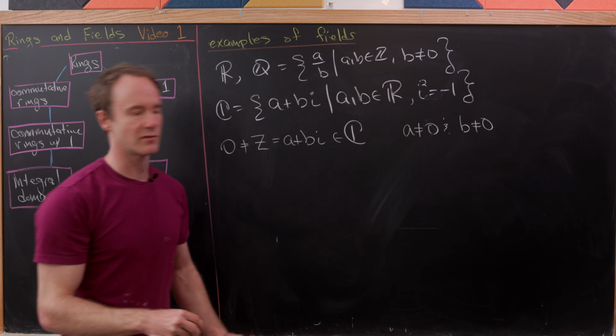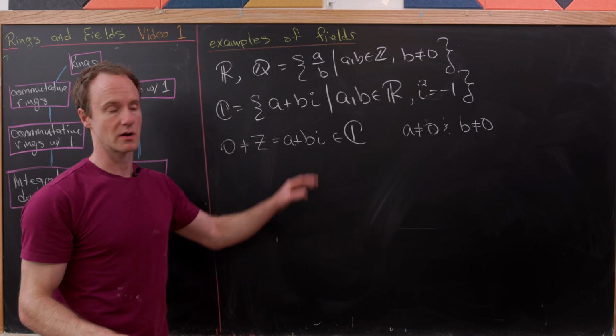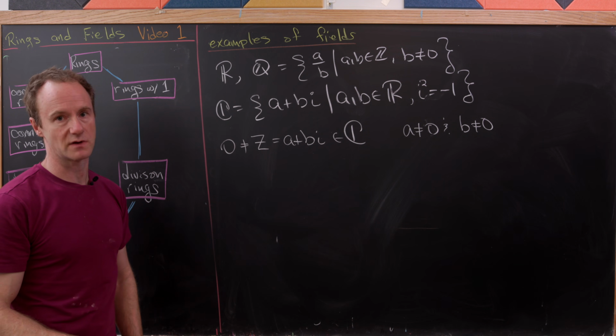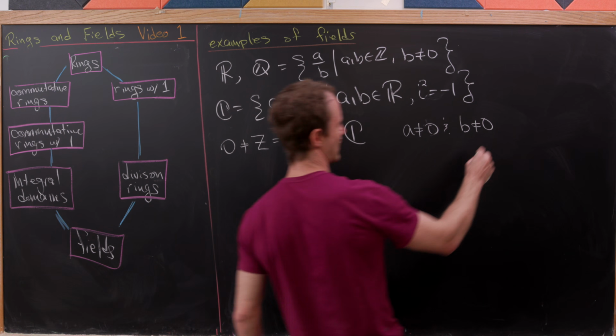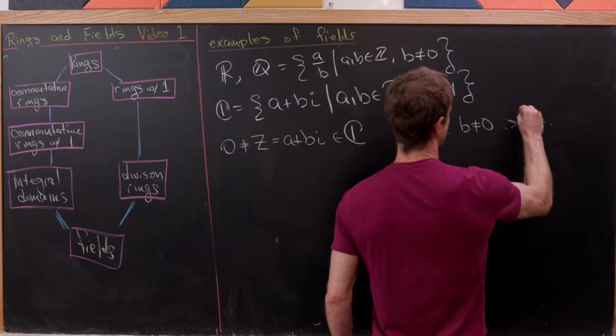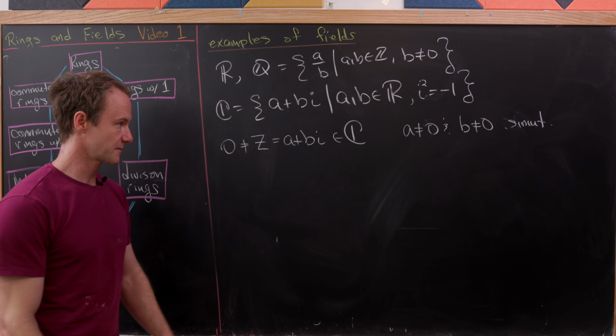So for a complex number to be 0, its real part and its imaginary part also have to be 0. So if it's non-zero, those are both not 0 at the same time. Okay. So anyway, maybe I should say simultaneously. They're not simultaneously 0. Okay, so now let's find the inverse here.